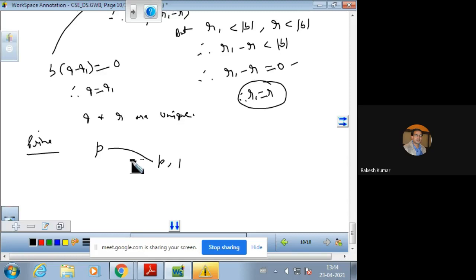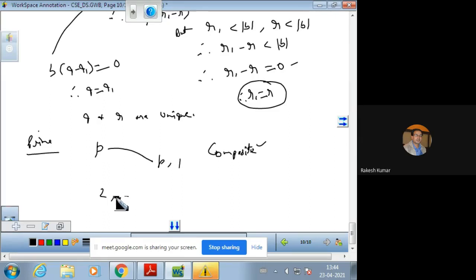Otherwise, it is said to be a composite number. The number which is not prime is composite. A prime is a number which is divided either by that same prime number or by 1.